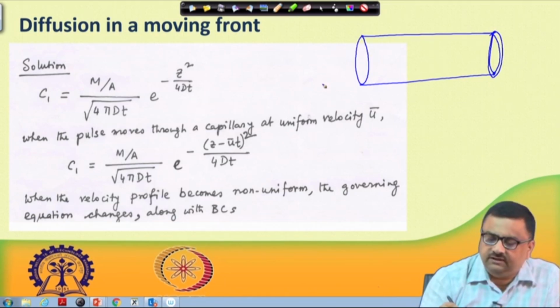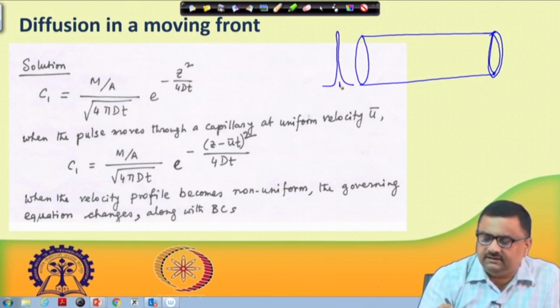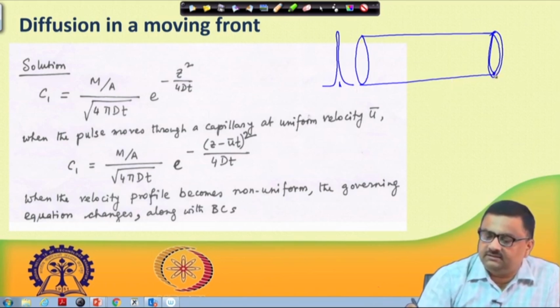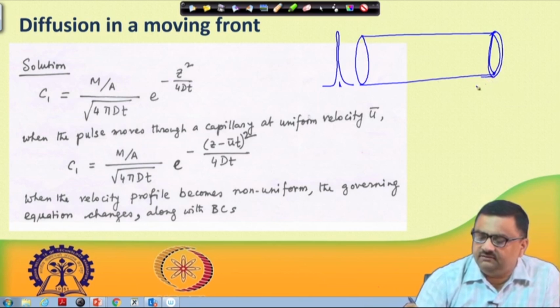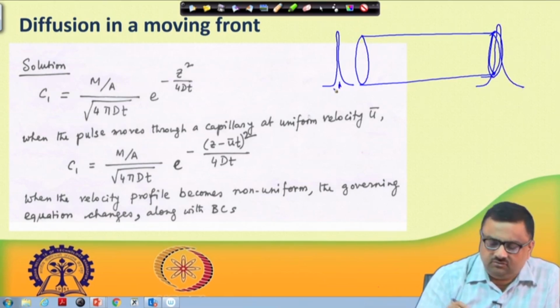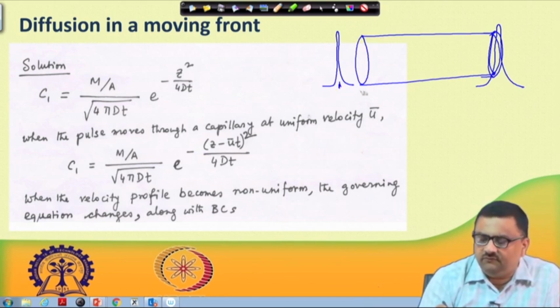If we give a pulse, the center of the pulse is here. Now the center of the pulse is shifting, and after the residence time is given, the center of the pulse will reach the outlet. So, one has to work with a moving coordinate system, because Z has to be calculated.